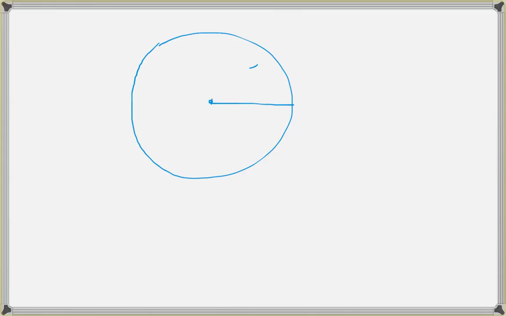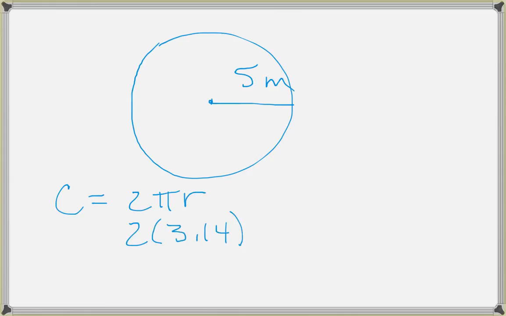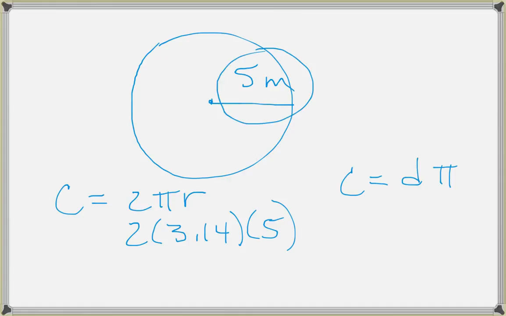Let's look at another one. Part B, instead of having the diameter marked, it has the radius marked. So we could either use the radius formula, and say 2 times 3.14 times 5, or we could use the diameter formula, and say, well, if the radius is 5, double that, and that's 10.